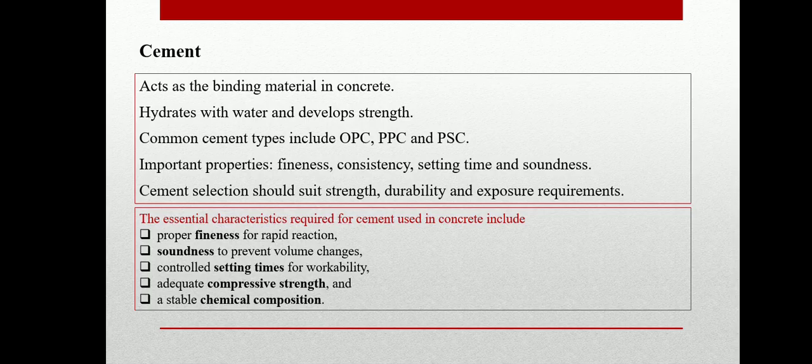We don't want our concrete expanding or cracking later due to unsound cement. Setting time needs to be controlled so that we will have enough workability time to place and finish the concrete before it starts hardening. And of course, we need adequate compressive strength along with a stable, consistent chemical composition, batch to batch.